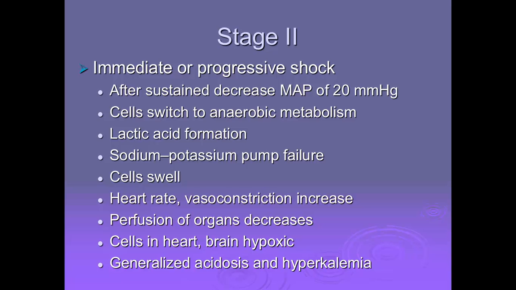They may also have a fluid loss of 35 to 50% at this stage. The compensatory mechanisms are still activated at this point, but they are unable to maintain the MAP enough to ensure perfusion of the vital organs.